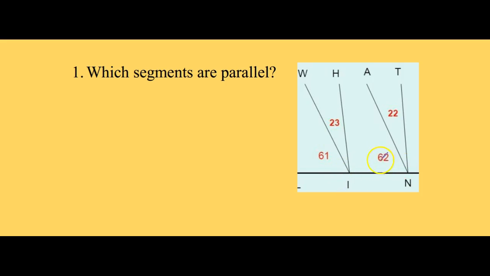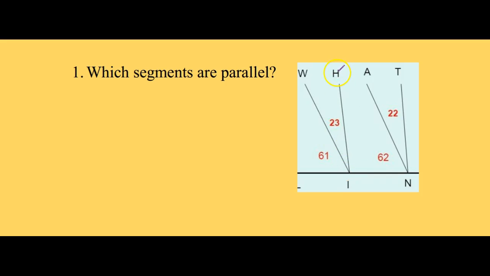But we see the angle here is 62 and this one is 61. No matter how close they look, they are not congruent. So that means WI and AN are not parallel. If they are parallel, then they have to have the exact same corresponding angle measures.